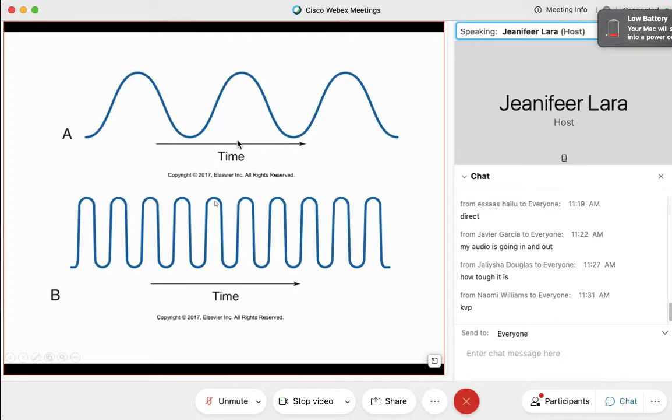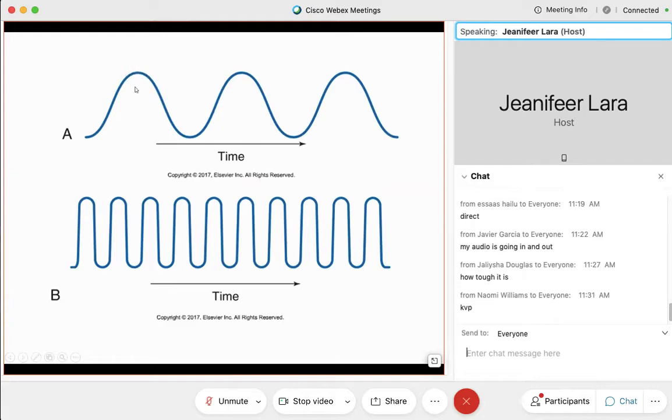Peak, crest, it doesn't matter, same thing. Here we have a trough to a trough to a trough, and so on. Sometimes they're referred to as peaks and valleys. The wavelength is from one peak or crest to another.